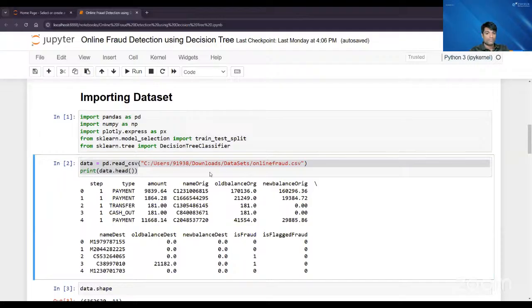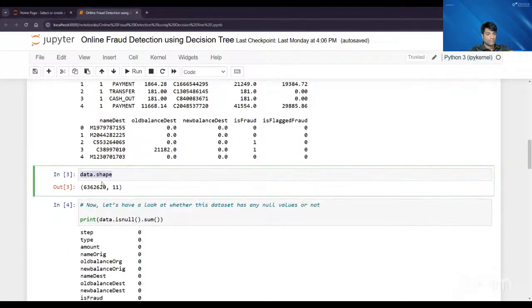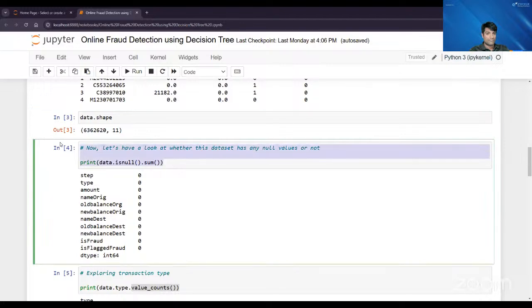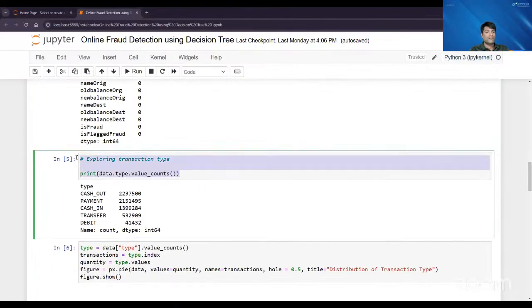And we are here in the fifth line, where we are going to identify.